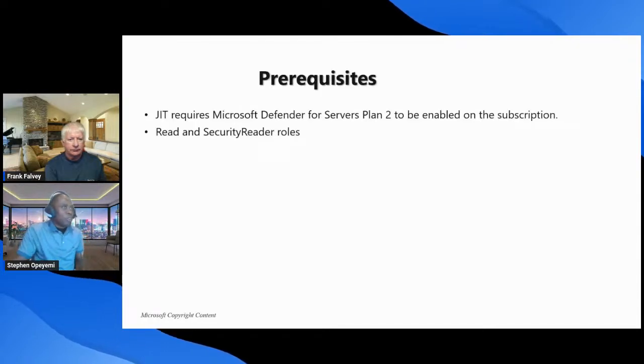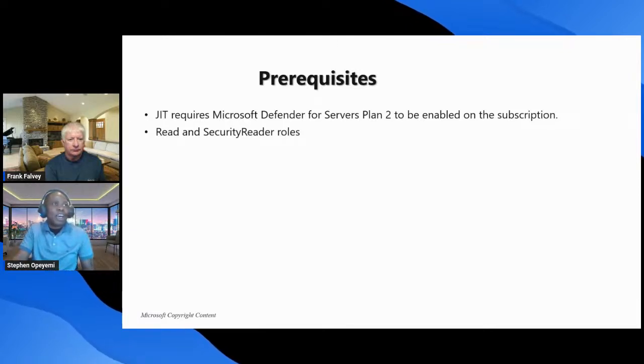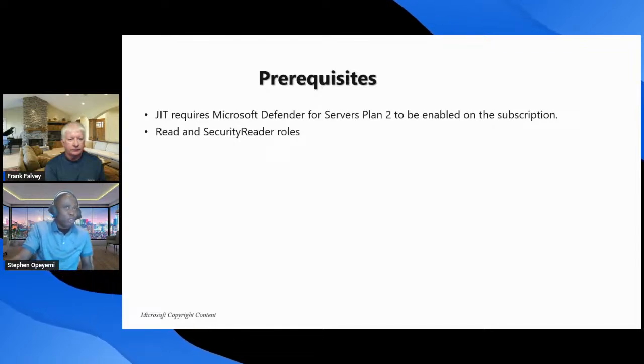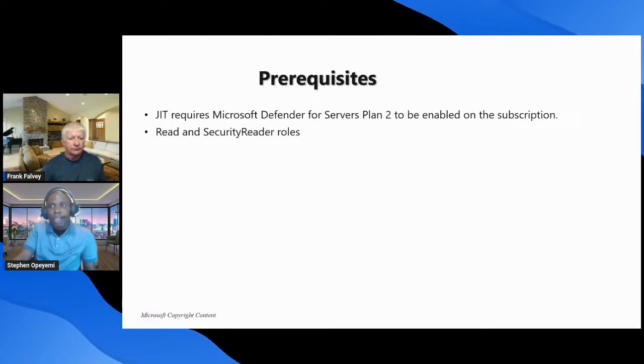Then the prerequisites: just-in-time requires Microsoft Defender for Servers Plan 2 to be enabled on the subscription. If you are the owner, this has to be enabled on the subscription. And then you have the Reader and Security Reader roles too. Those things have to be enabled on the subscription.